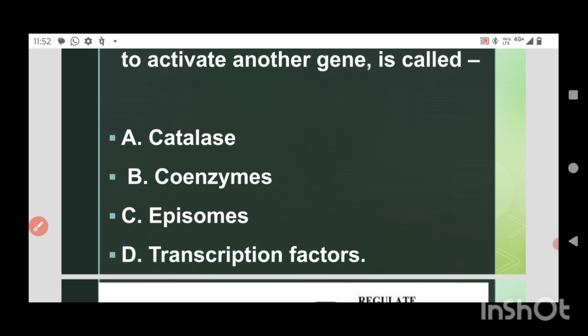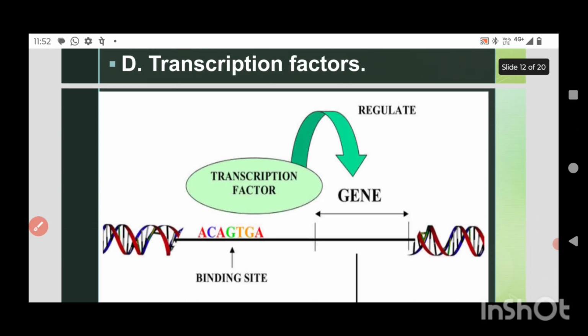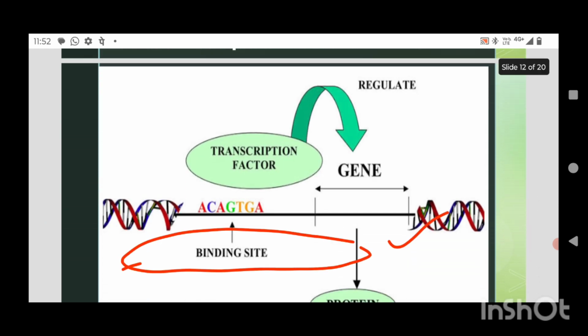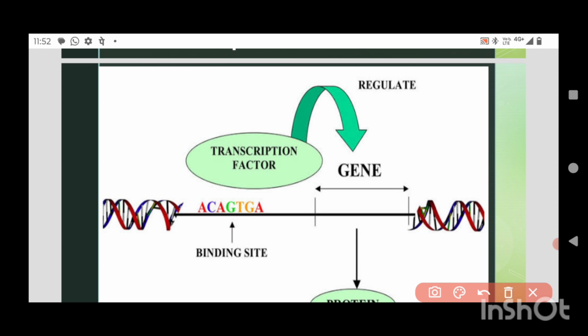Now its explanation part. Here in this image we can clearly see that transcription factors, these proteins, bind to the promoter region and help RNA polymerase to initiate transcription.